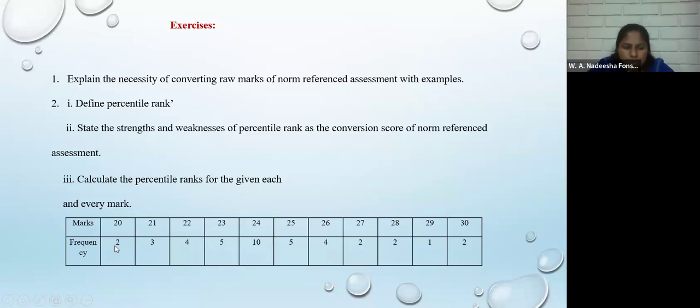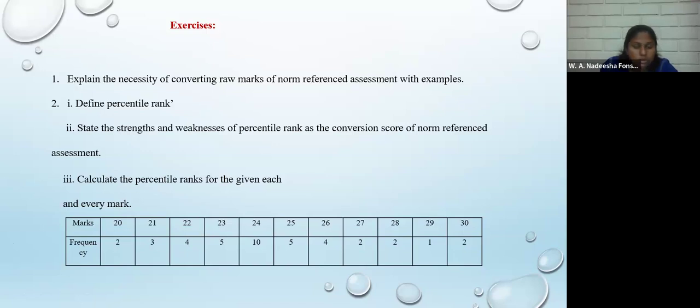Now you are given marks and frequency here. What to do now? Can we do it by keeping the table like this? No. We have to change this table into vertical side. So first column should be marks, then frequency, then try to do it by yourselves.